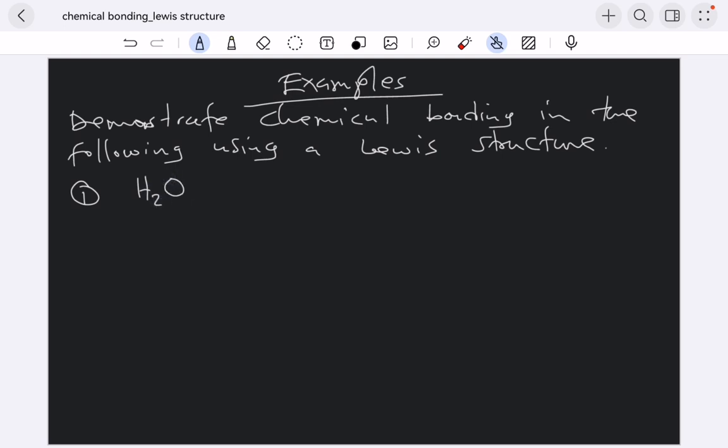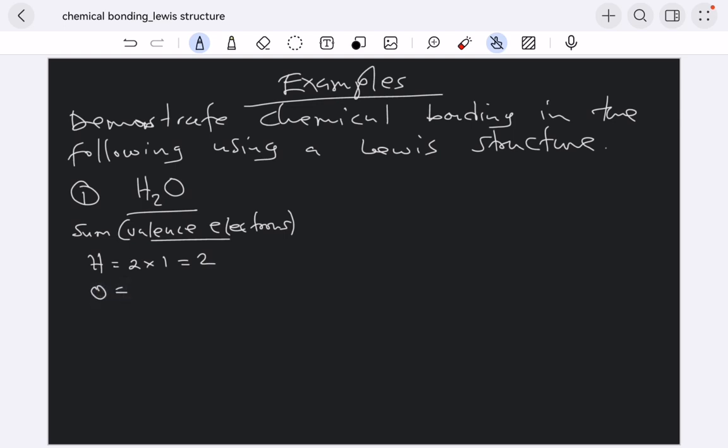So to demonstrate the bonding in this compound, the first thing we have to do is calculate the sum of valence electrons. So we have to know the total number of electrons taking part in a chemical reaction. So for hydrogen, we have 2, and the valence number for those is 1, so we have 2.